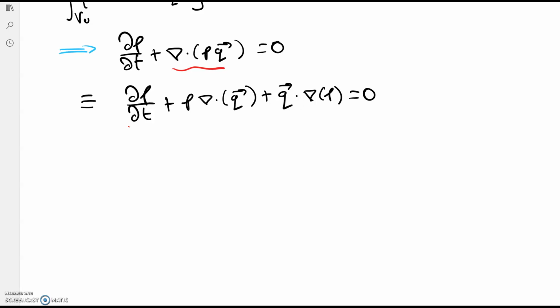But this here and this here is just the material derivative acting on ρ. So let's rewrite that as the material derivative. Oops, sorry, it should be the other way around. There we go. You should have a look at the material derivative. That's the same as the material derivative plus we have this extra term here.